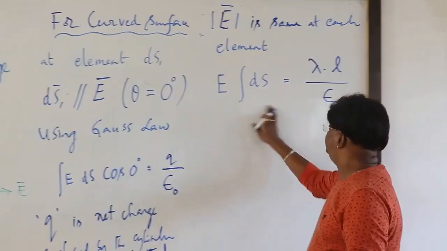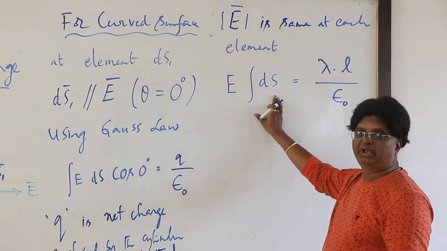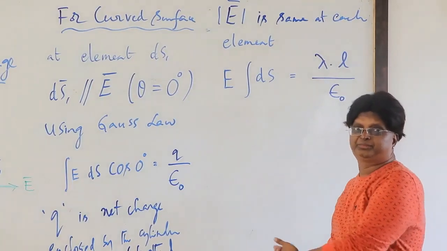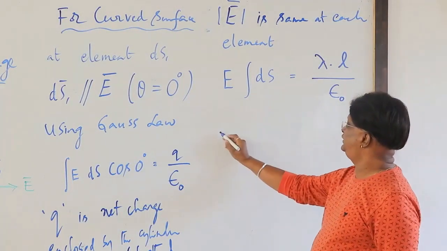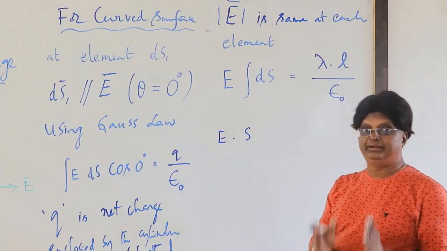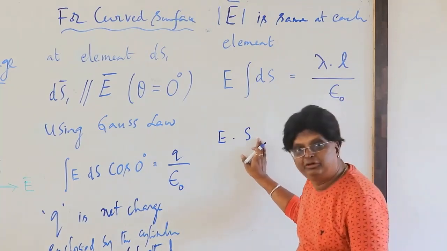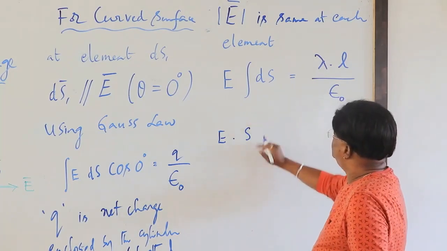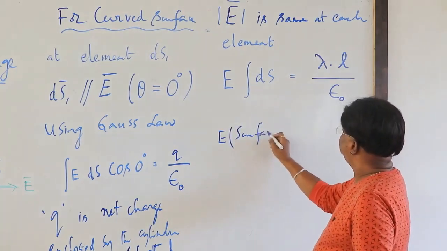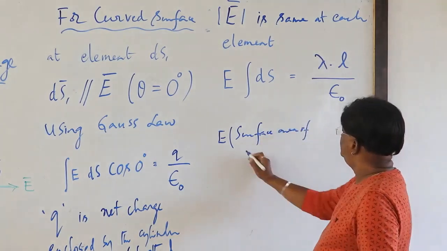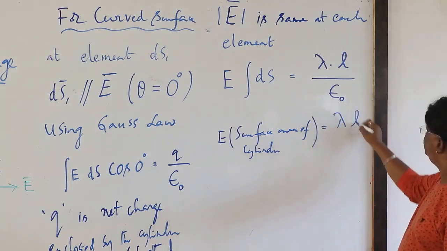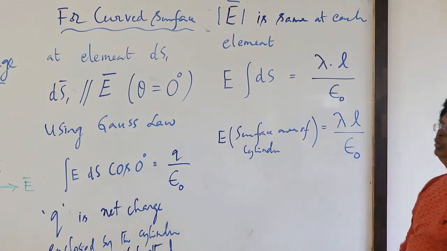Now we will evaluate this integral as step 4. I am telling you, this becomes a part of step 3 only. Now integral E ds, E times S, where S is the surface area of the cylinder, is lambda times L by epsilon naught.